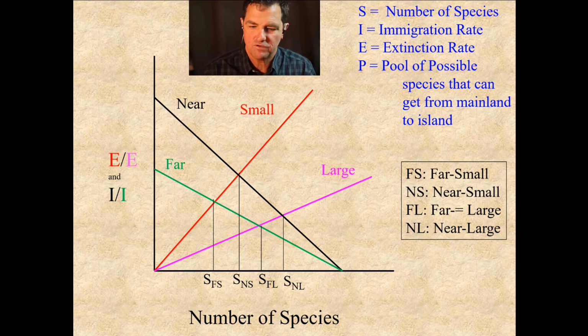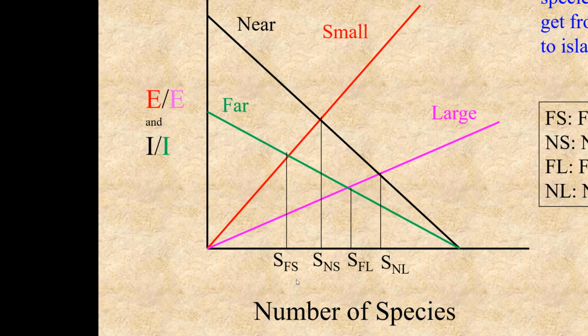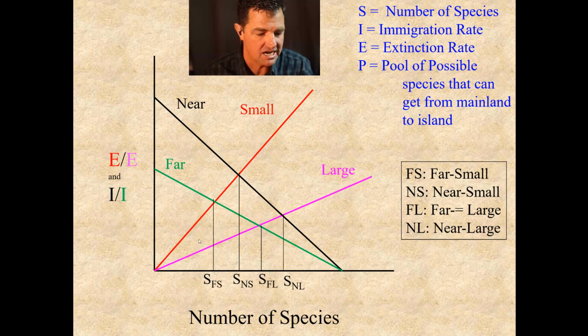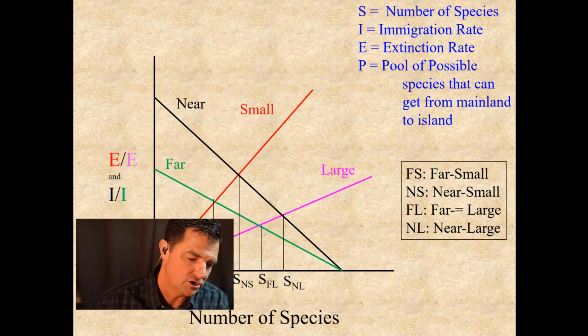And what you find is this represents the equilibrium number of species. Islands that are near and large have a much higher equilibrium number of species than islands that are far and small, which is logically what you would predict.